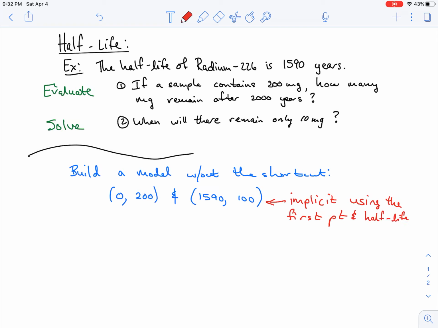There was 200 at the beginning, so after 1590 years it will be half of that, which is 100. But from here you can create the model using the techniques outlined in another video titled Exponential Models Given an Initial Point and Another Point. I won't proceed from here. I'll let you see how to do that.